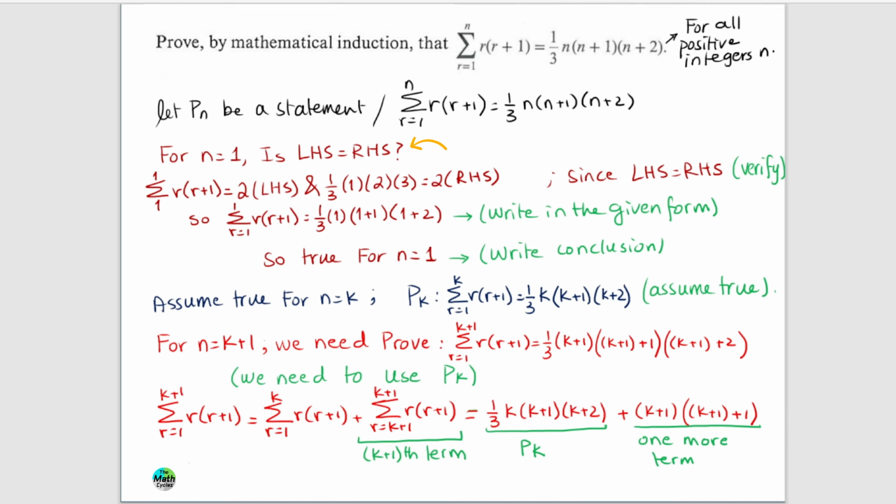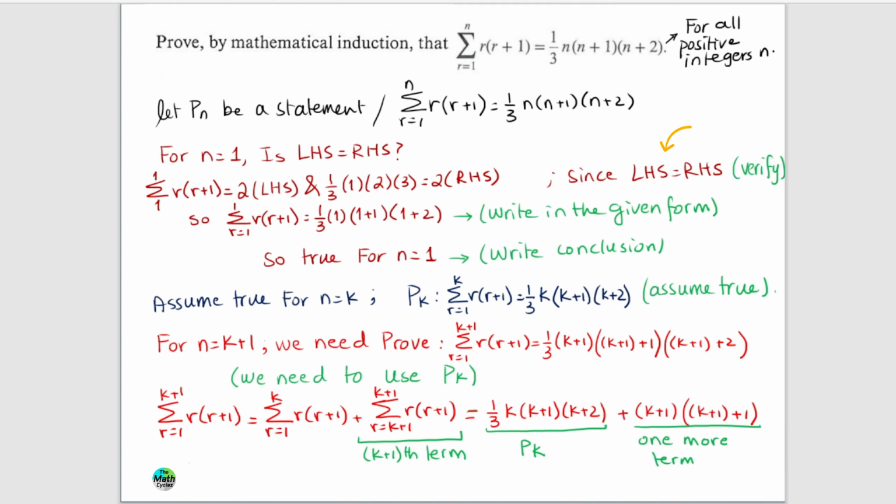So for n equals 1, is the left hand side equal to the right hand side? For n equals 1, summation of r into r plus 1, you replace r by 1 and you get the answer 2. Now let's check the right hand side. Replace n by 1 and you will get 2.